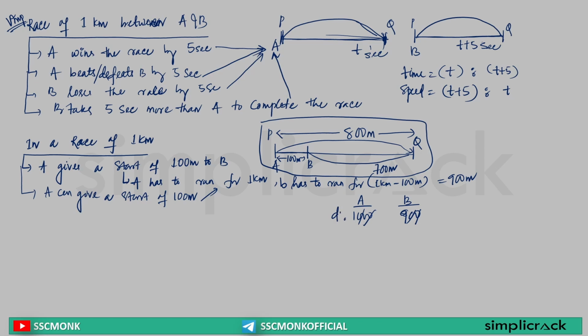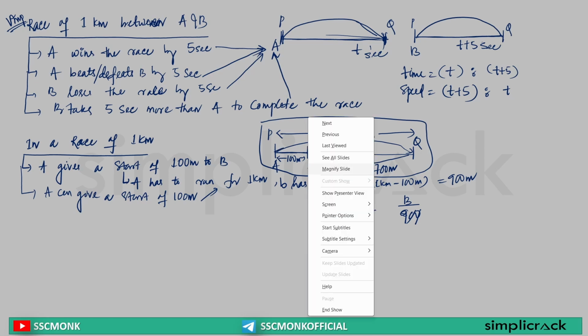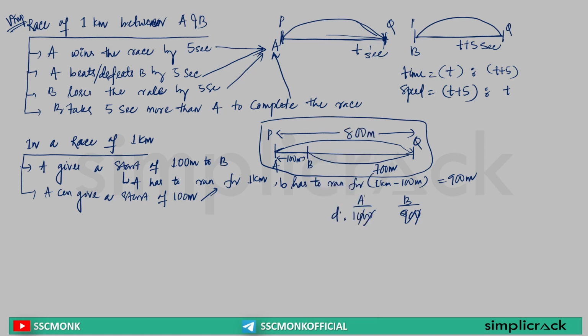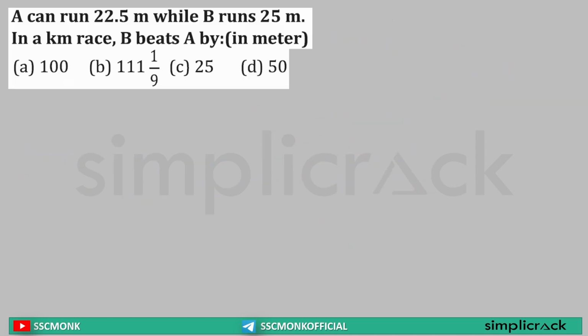Here they are running for the same time, because the time for which A started, the same time B is starting from here, yes or no? Now, for the same time, when the time is constant, the ratio of distance is equal to ratio of speed. Clear? Yes or no?